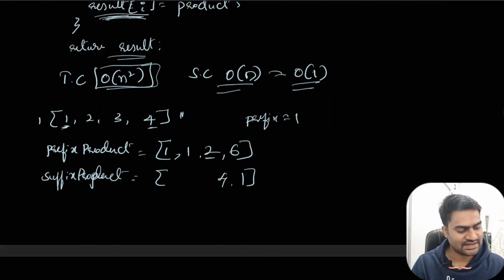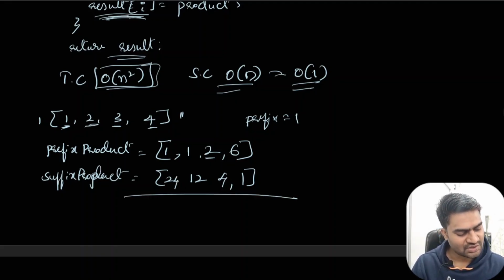Next, for the number 2, it will be this number into its suffix product. So 4 into 3, which is 12, correct? Now for 1, it is 2 into 12, which is 24.